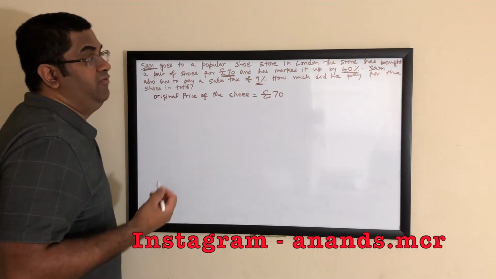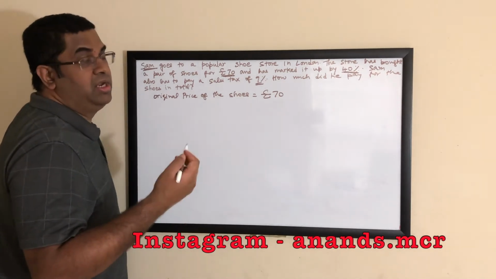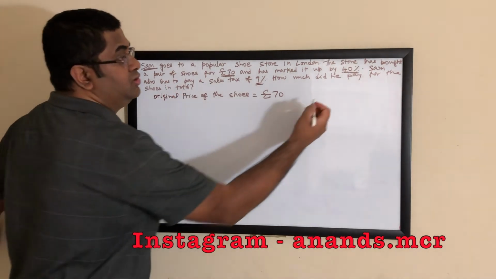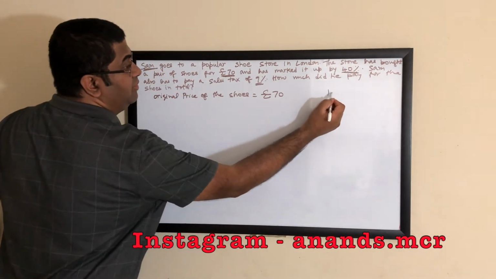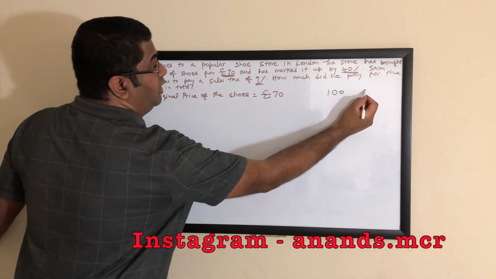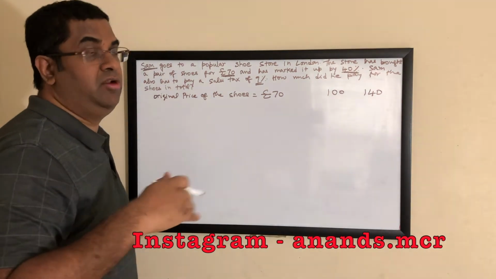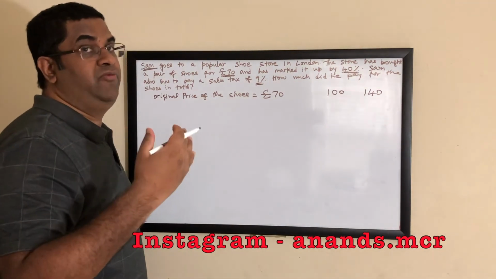So friends, when we say that something has been marked up by 40%, it means that the price has been increased by 40%. For example, if the price had been £100, it would have been sold for £140. That is what it basically means. It is the profit margin, or the price increase by 40%.